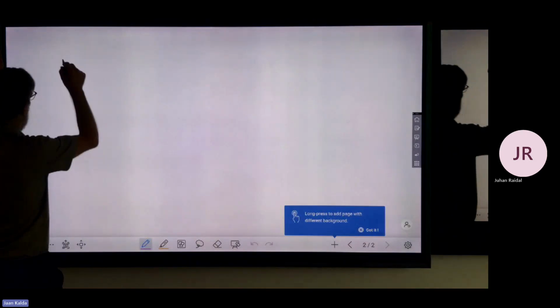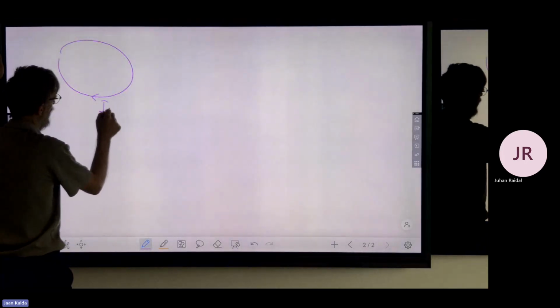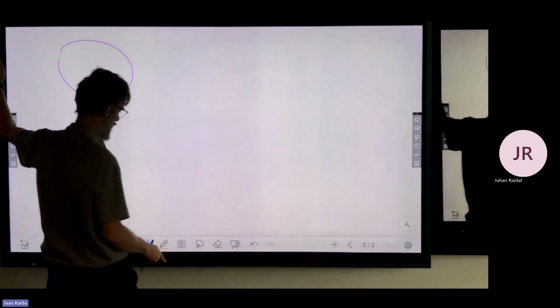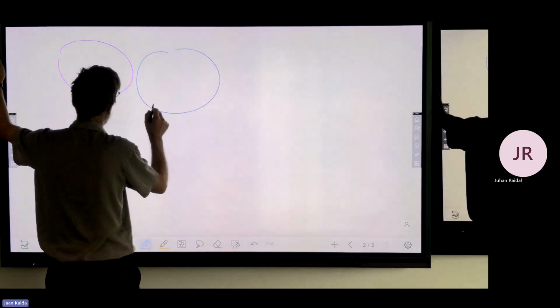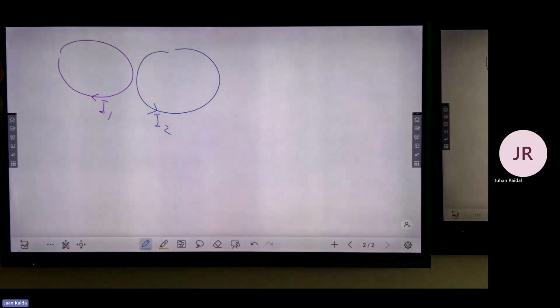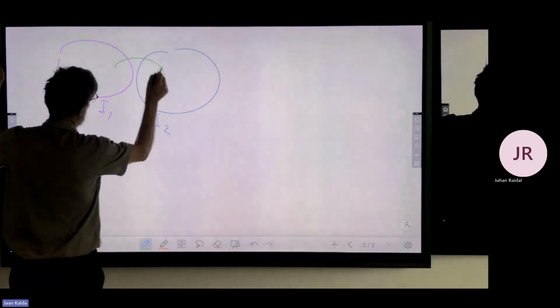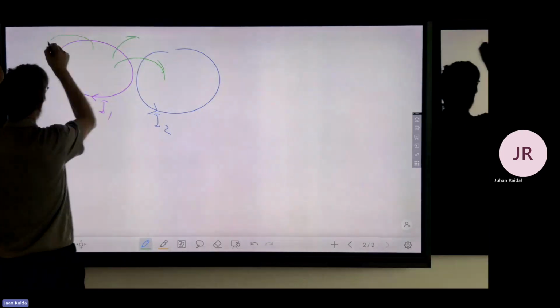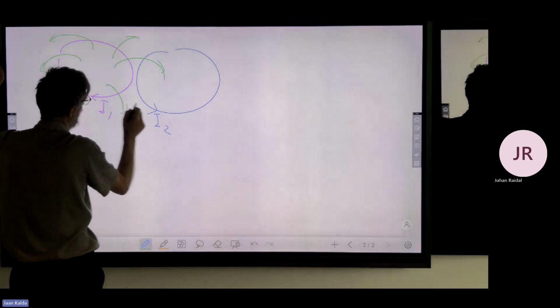So you have one loop, current I1 goes here. Then you have another loop like that, and current I2 goes through that. The first loop will create a certain magnetic flux that goes through itself, but also through neighboring loops.